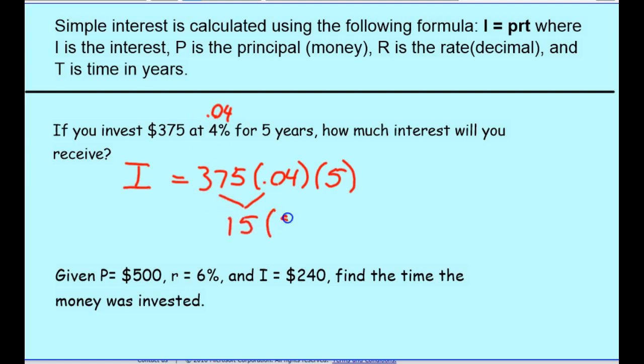Then 15 times 5 gives us 75. So this is how much interest your investment will make in 5 years. So after 5 years, you won't have $375 anymore. You'll have $375 plus 75, which is $450.